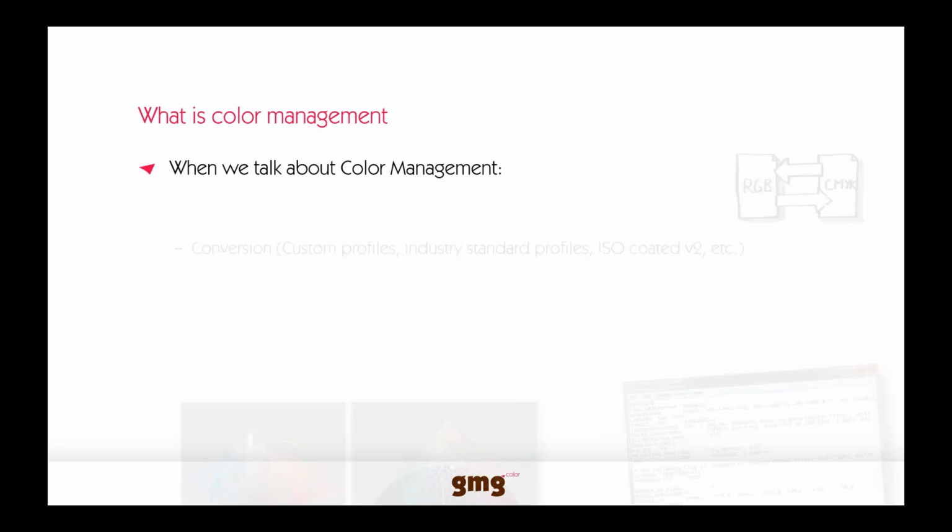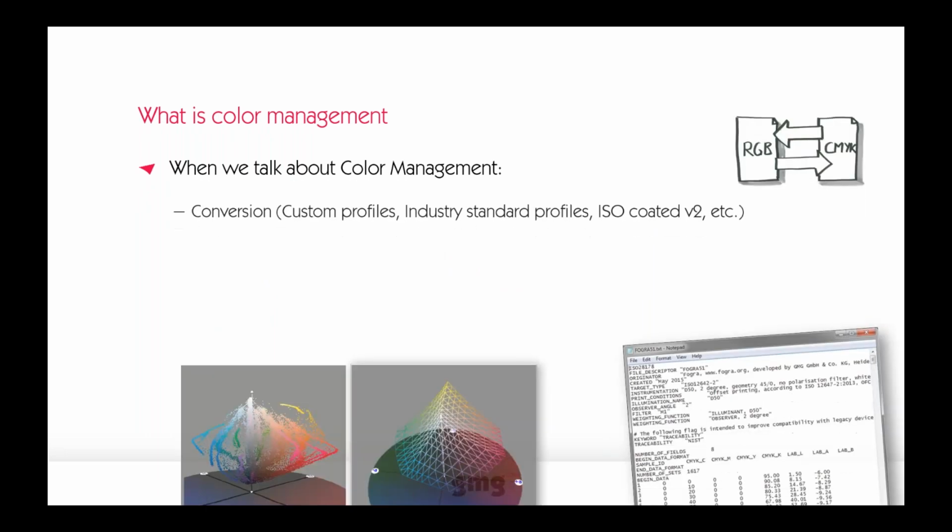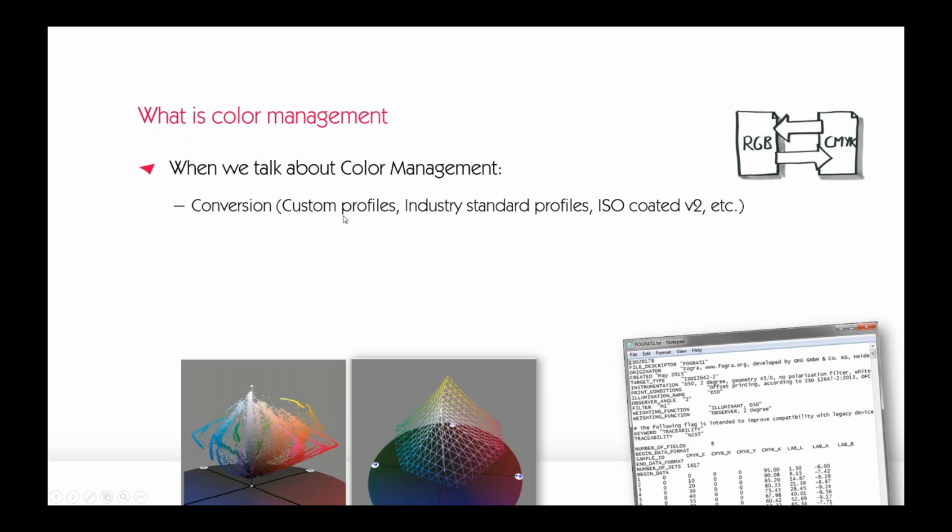But that's not all. We already talked about conversion profiles, or device link profiles, when we want to convert from a source to an output to ensure the same colors, and therefore you can have custom profiles and industry standard profiles.